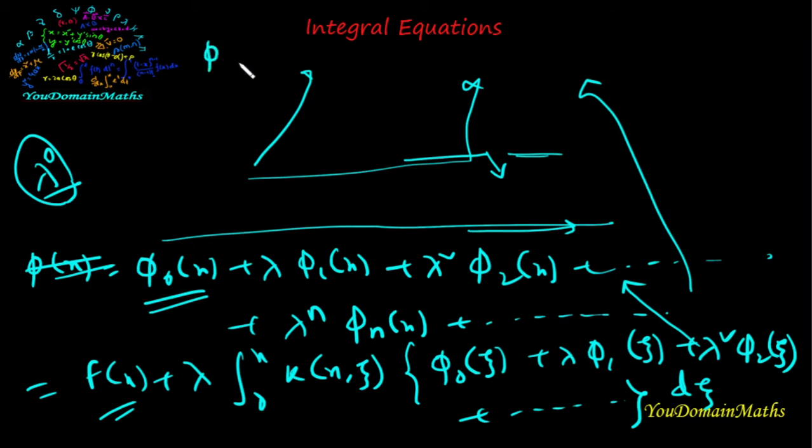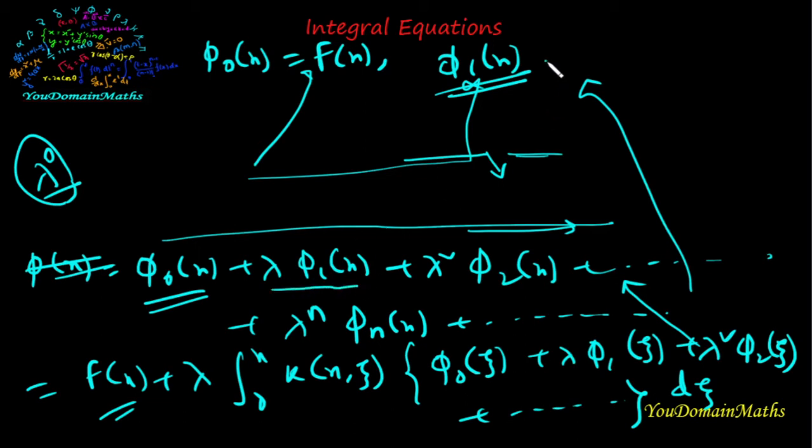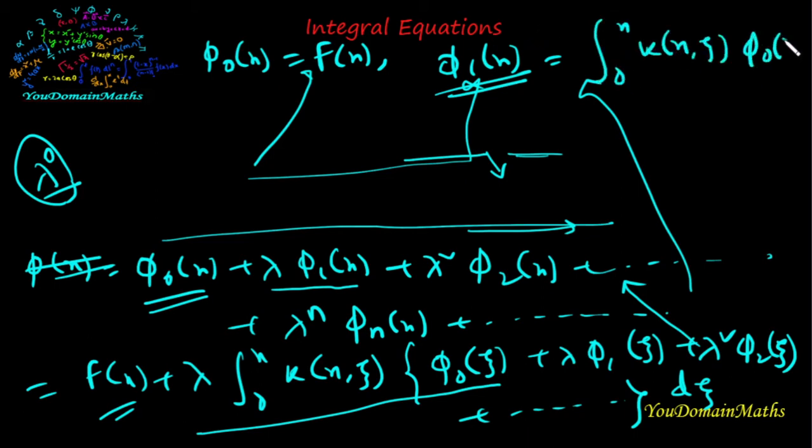So we write phi naught of x equals f of x, and similarly phi 1 of x, which is the coefficient of lambda, equals, from the right side, the integral from 0 to x of kernel x comma xi phi naught of xi d xi.